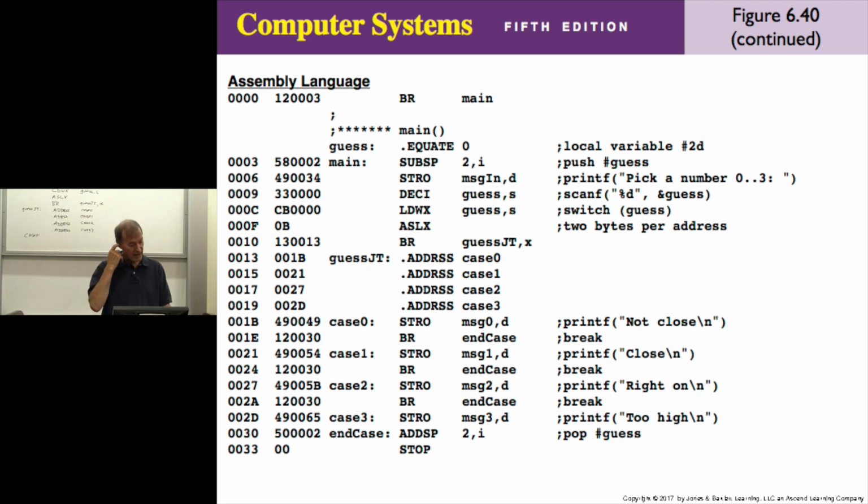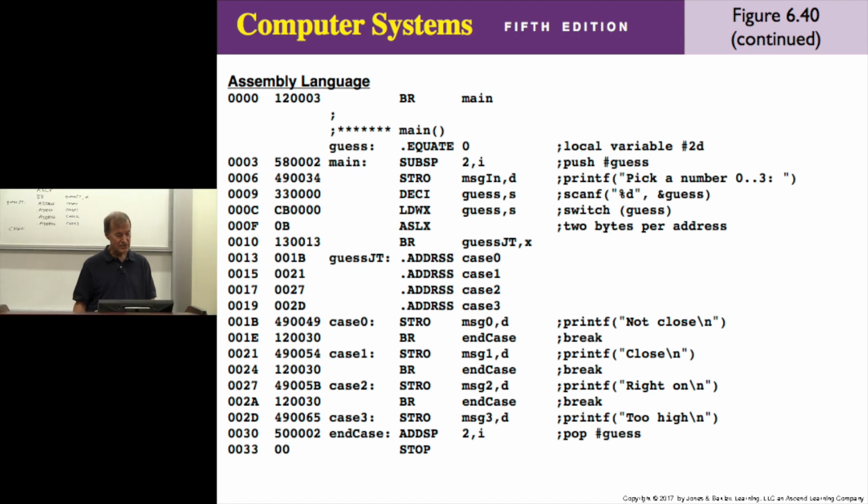Now let's take a look. Do you see down here in the listing, on line 001B, that is the first executable statement of case 0, right? Now what is the value of the symbol case 0? 001B. Do you see that? The value of the symbol case 0 is 001B because that's where that code is stored.